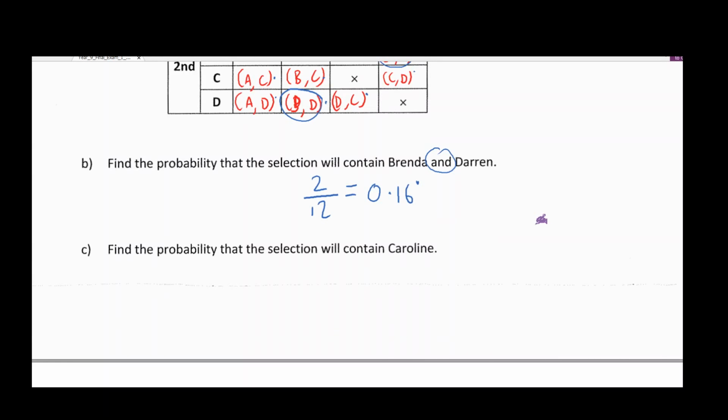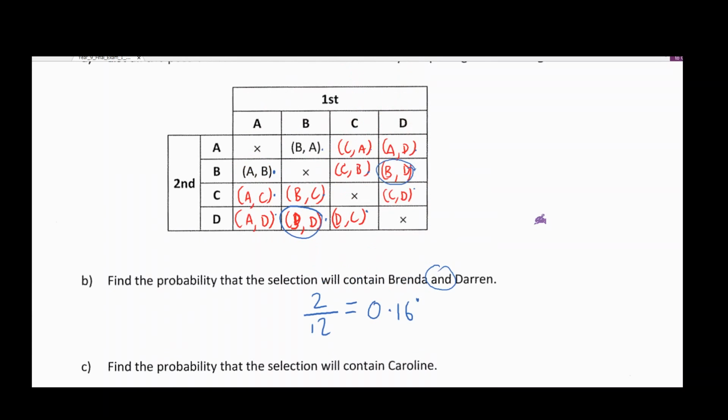Number 3, find the probability that the selection will contain Carolyn. So now we need to find just where Carolyn is. Okay, so let's do that. Let's find just where Carolyn is. I'll do that in green if I can. Now, there's Carolyn. That's 1. 2, there's another one. 3, 4, 5, 6.